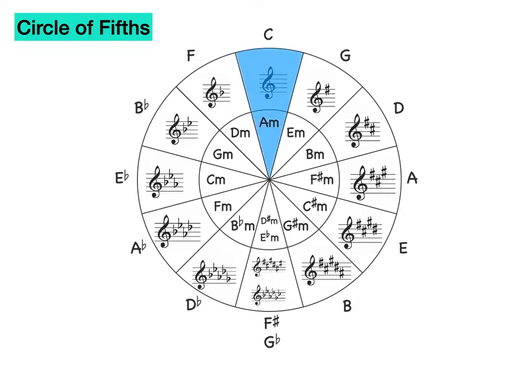So as you can see here, C major's relative minor is A minor. Now these two scales will share the same key signature. So we know that A minor has no sharps or flats, the same as C major.